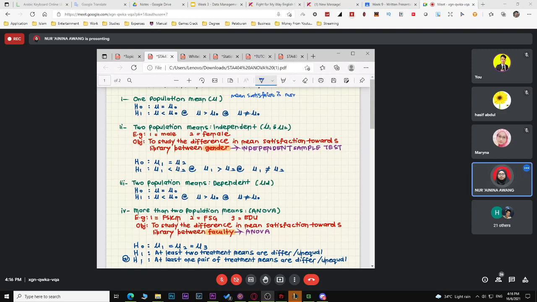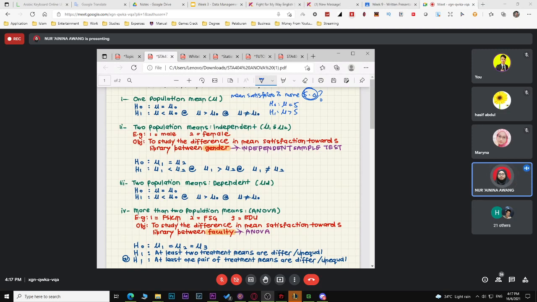When we have a value, we know that this is the case for one population mean. So when you write your hypothesis, H0 is mu equal to 5, H1 is mu more than 5. That is the question for one population mean.